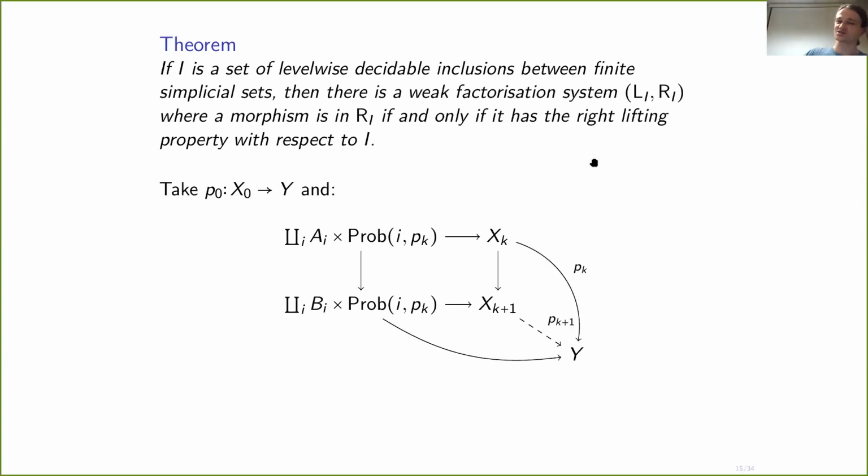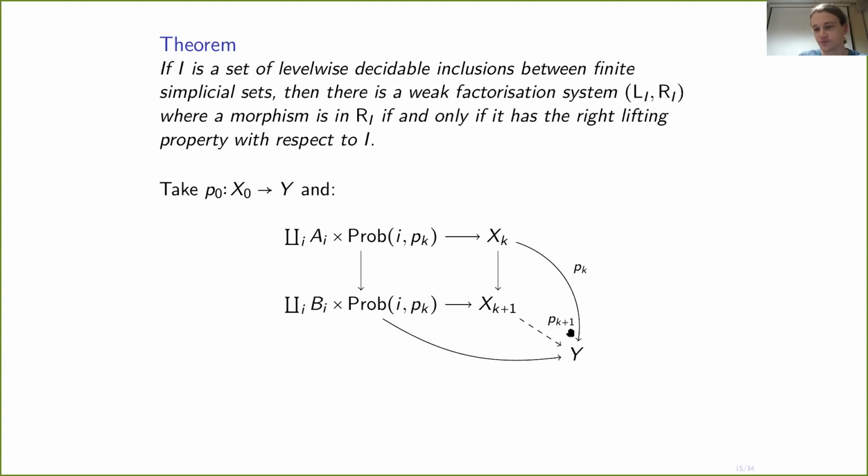So at first glance, it is very similar to the classical small object argument. I start with some map. I'm going to call it P0 going from X0 to Y in anticipation of the induction that I'm doing here. And I'm iteratively adjoining all solutions to the lifting problems that I have at a given stage. If I started with P0 here, I'm going to take all the lifting problems from all little i in my set I into P0, and I'm going to take a pushout of all of those to produce X1.